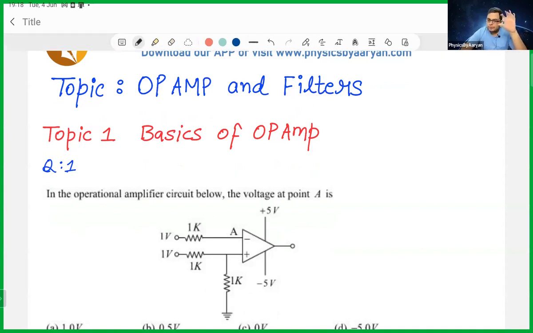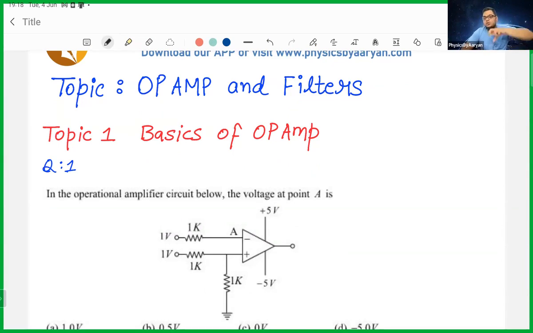So they do too many things with the OPAMP. They just don't let OPAMP remain as such. In 3 lectures, I will tell you 3 different categories of things that can be done with OPAMP. Today's category starts with basics, and then we will go for the phase shifts and the gains. Okay, so let's do that.